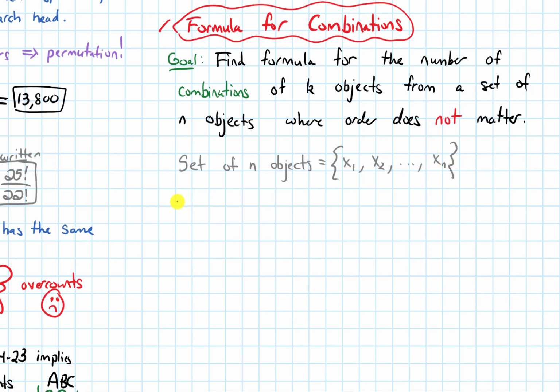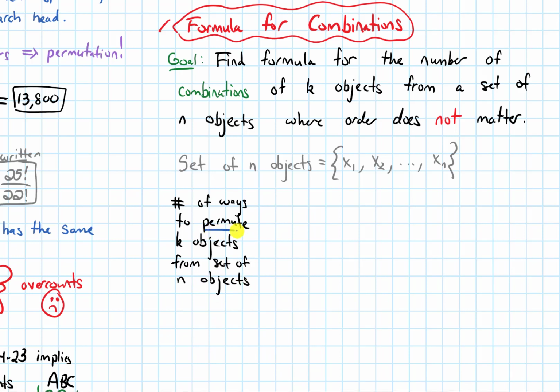So let's recall that we know how to find the number of ways to just permute k objects from a set of n objects.